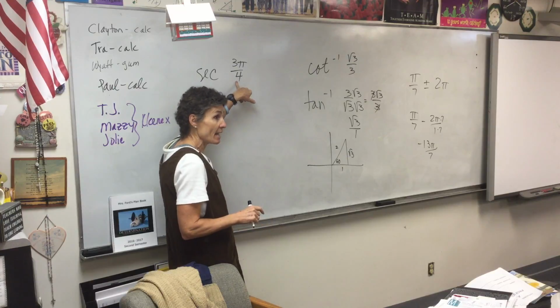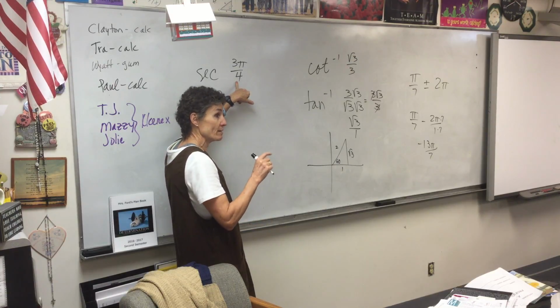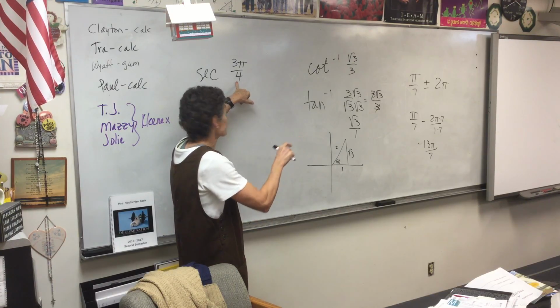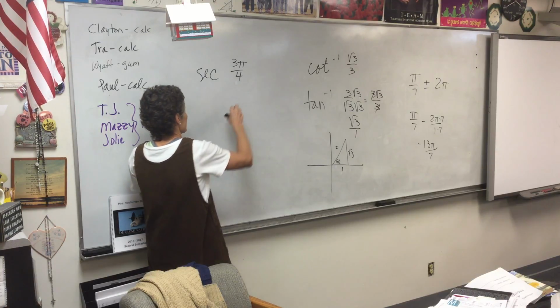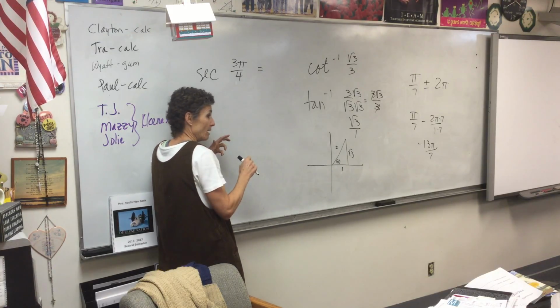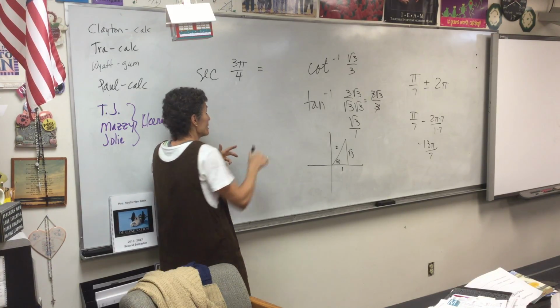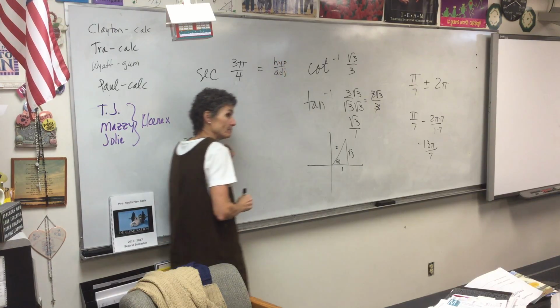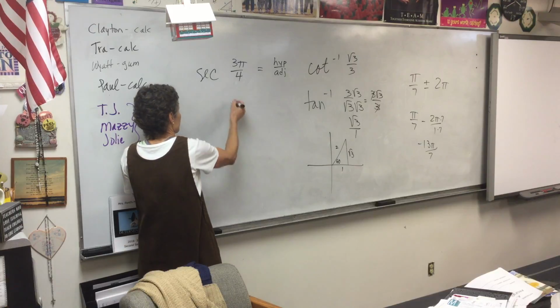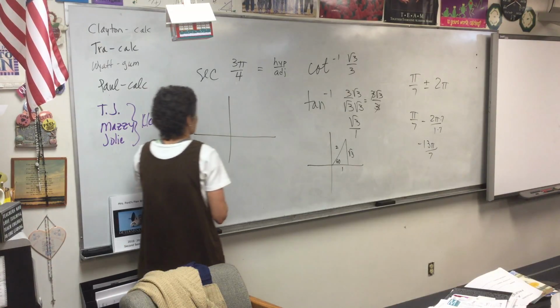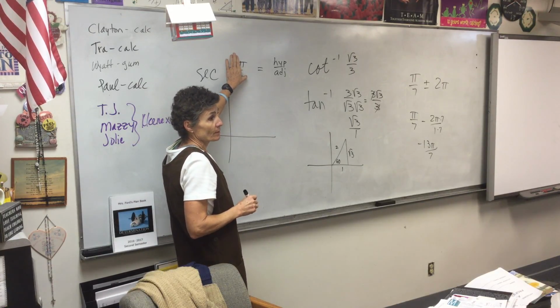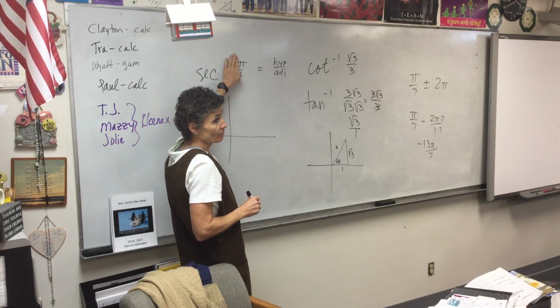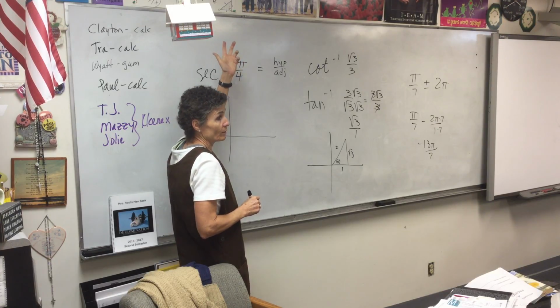You know the angle. You're just going to figure out what the fraction is. Well, it's a secant, which is reciprocal of cosine. So the fraction is going to be hypotenuse over adjacent. So now I just got to figure out what that angle looks like. 3 pi/4, pi is 180, 45, 135.